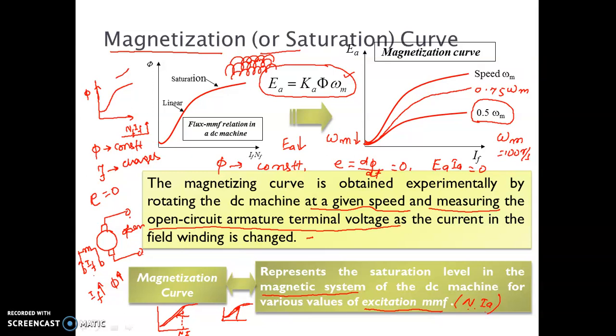To avoid this condition, we do not allow the machine to go into saturation. So there are three effects: flux is constant, induced EMF will be 0, power developed will be 0, and the energy is lost in the form of heat, the machine insulation may get damaged, and the machine may get burned. These are the effects of saturation.